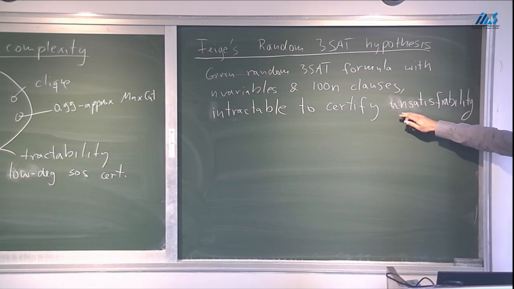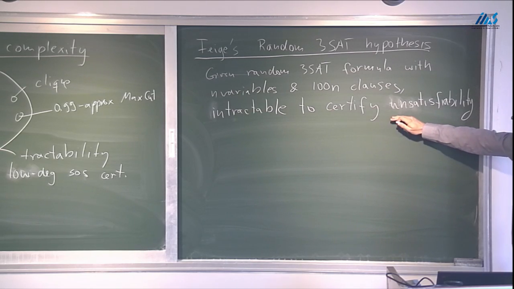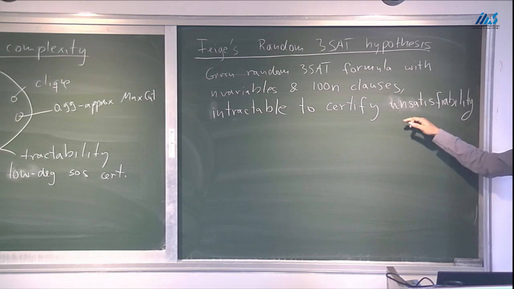But it's also clear that some of the tools that we usually use to reason about computational complexity will fail terribly here, because usually we reason about complexity in terms of reductions.